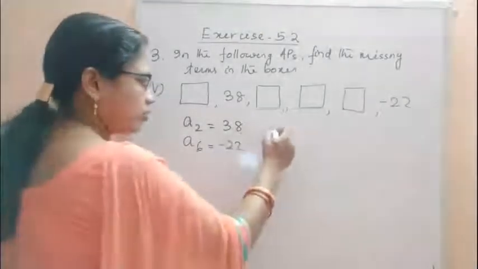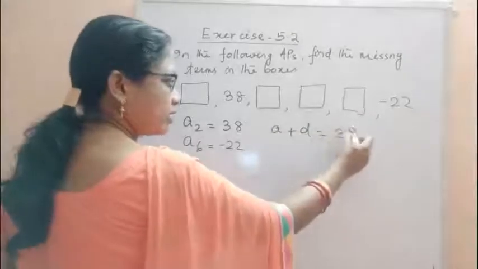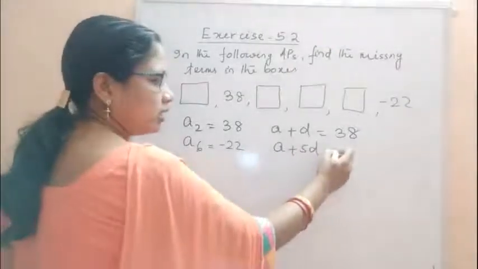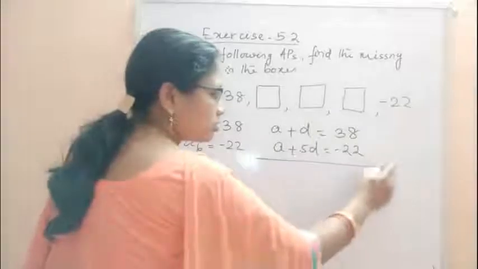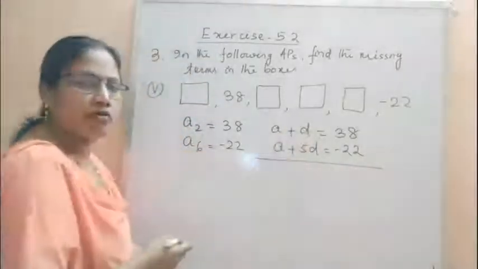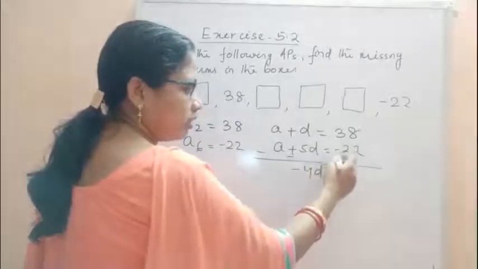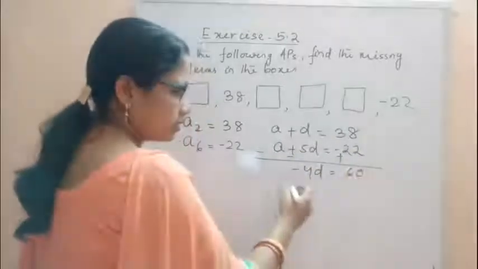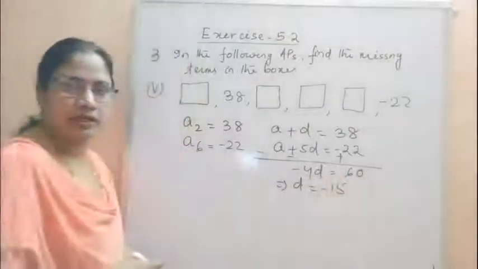So a2, that is a plus d, is equal to 38, and a plus 5d is equal to minus 22. Now we will subtract the second equation from the first equation. So this is minus 4d is equal to 60, so d is equal to minus 15.